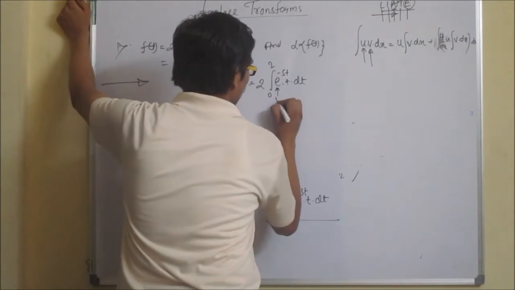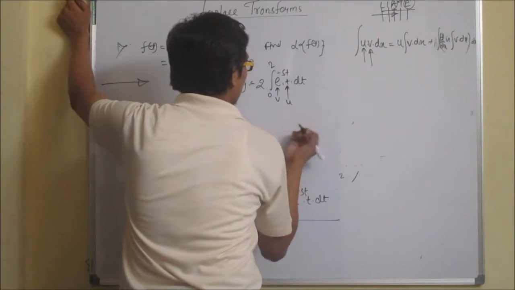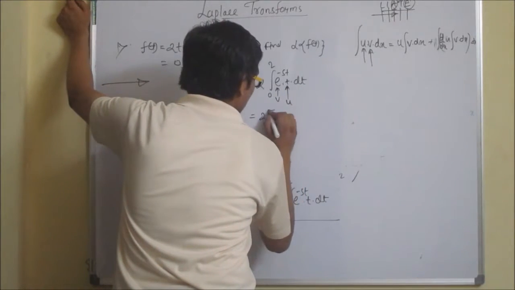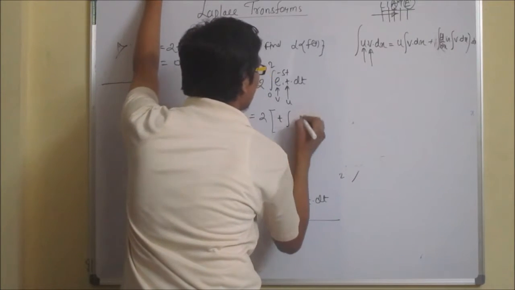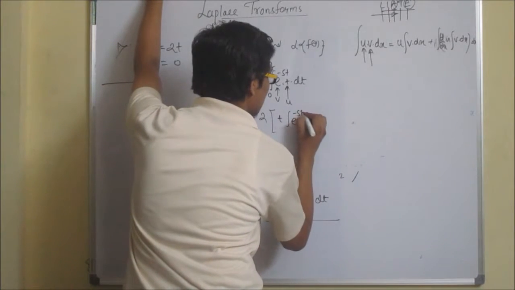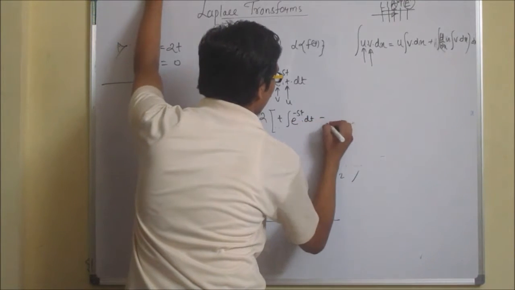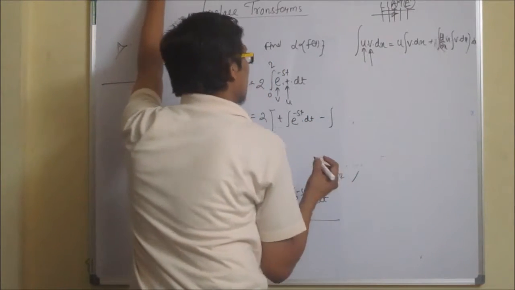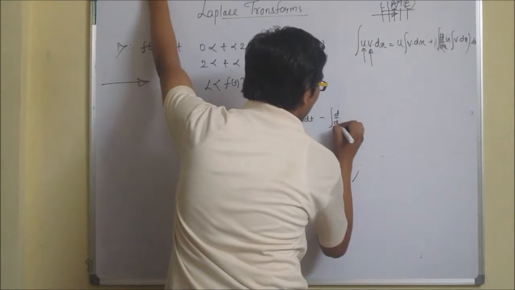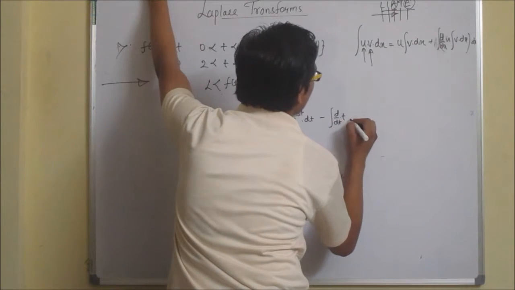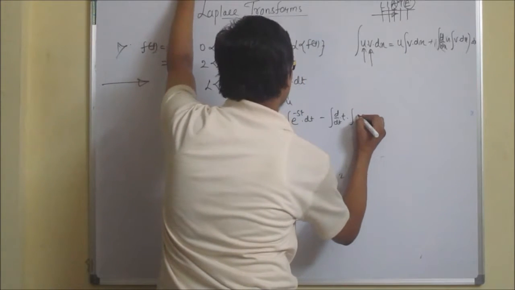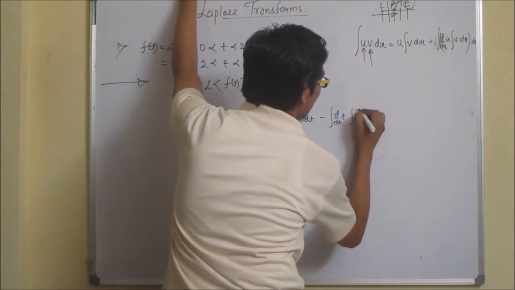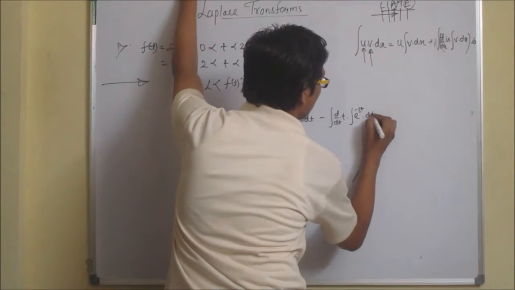Taking this as v and this as u: 2 times u integration of v, t times integration of e raised to minus st dt, minus d by dt of t times, what is v, e raised to minus st dt.